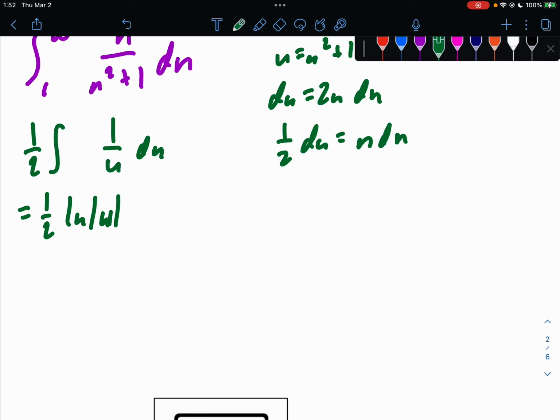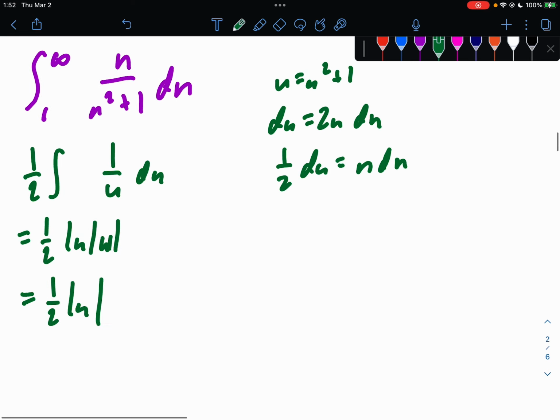But we're going to get it back into our n's here. So 1/2 ln absolute value. Actually, we could drop the absolute value because n squared plus 1 is always positive. So we can just make those parentheses from 1 to infinity.